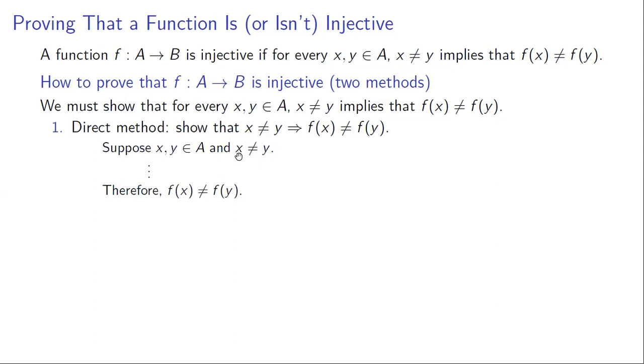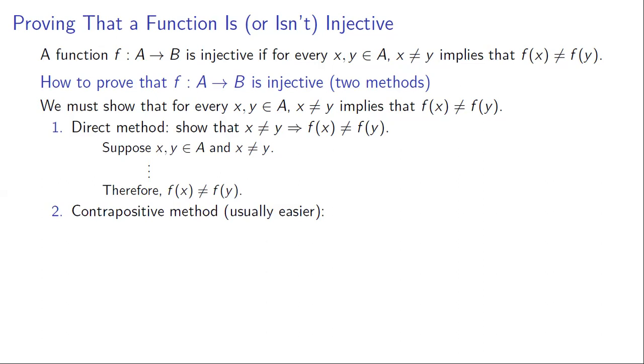So we prove that whenever x is not equal to y, f of x must therefore be not equal to f of y. So that's the direct method for proving that a function is injective. However, in practice, this direct method, as described here, is not easy to use. Much easier is the following: the contrapositive method.